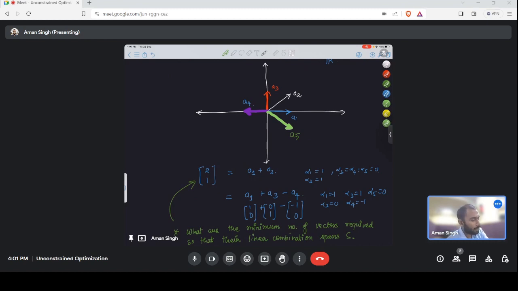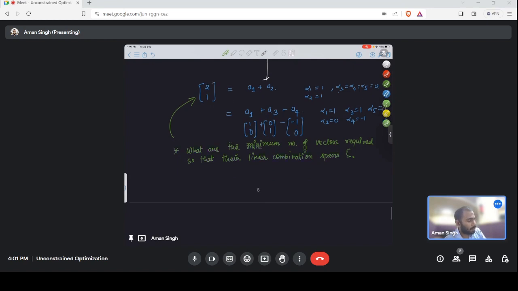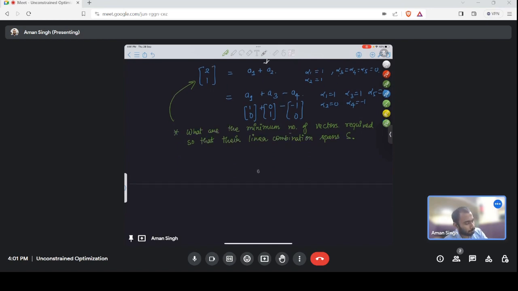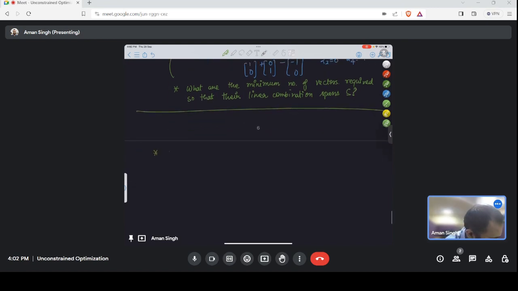So what is the minimum number that is required for representing all the vectors as a linear combination of any given set of vectors? What is that minimum number required? For trying to answer this question, we have to define one more term called linear independence.